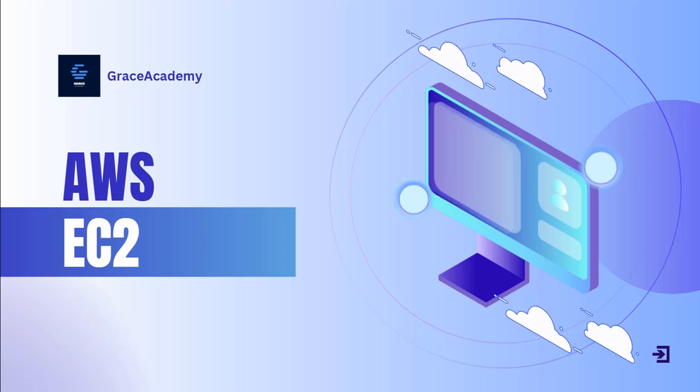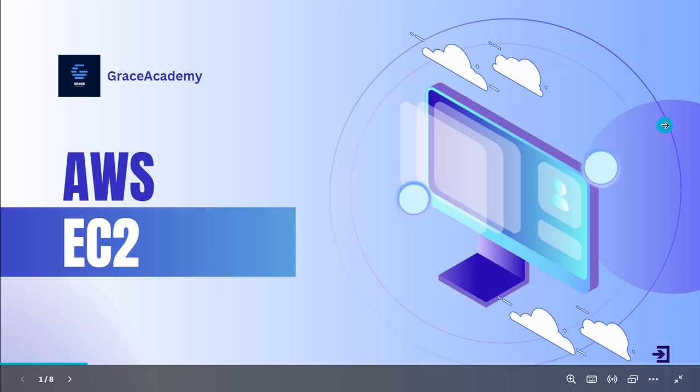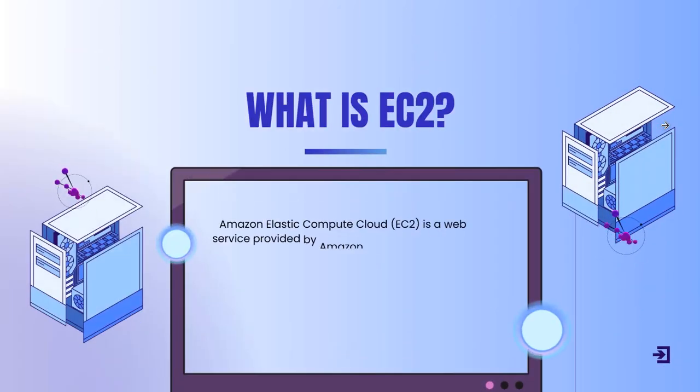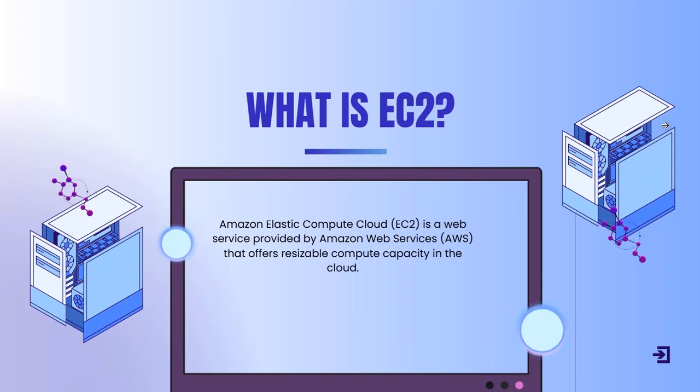So let's define what EC2 is. Basically, Amazon Elastic Compute Cloud, or EC2, is a web service provided by Amazon Web Services, or AWS, that offers resizable compute capacity in the cloud. Let's elaborate this definition using a simple analogy. Amazon EC2 is like renting a computer in the cloud.